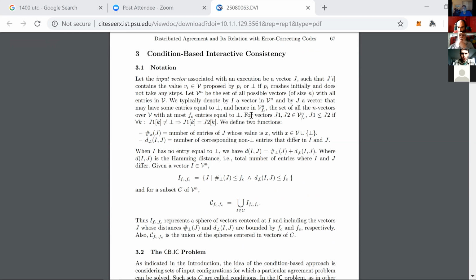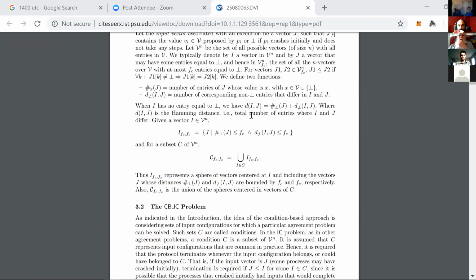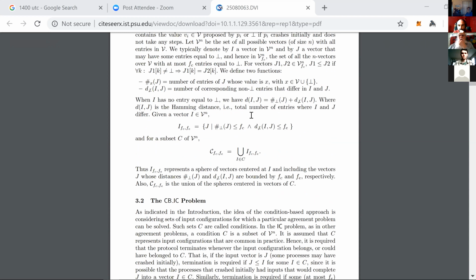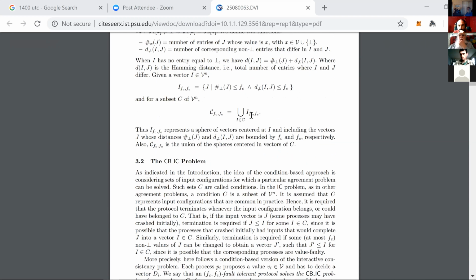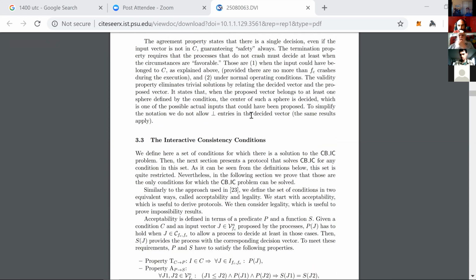Yeah, it seems pretty natural that an unreliable reporter is no different than a flaky memory location. Yeah, that's what they say in the summary. In particular, crash failures and distributed agreement problems correspond to erasure failures and error correcting codes. And Byzantine and value domain faults correspond to corruption errors.